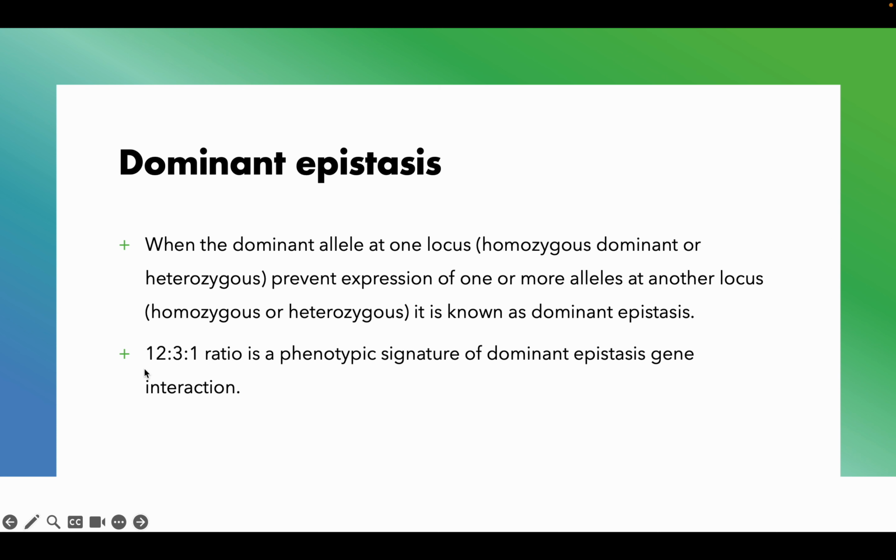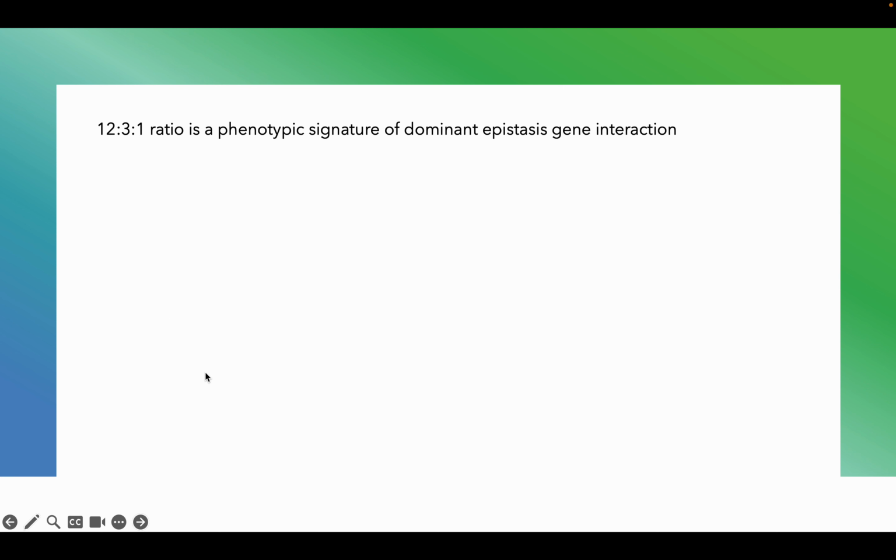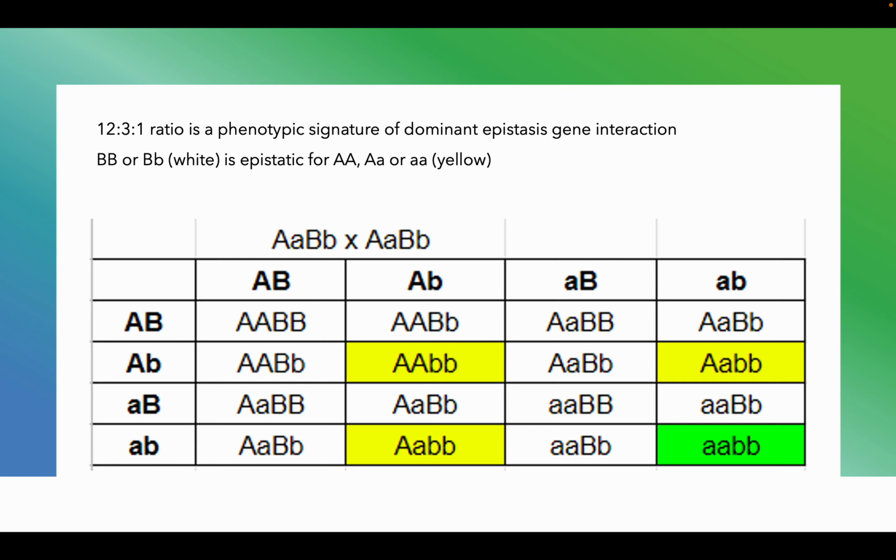And the ratio we get is 12:3:1. Suppose we are talking about coat color, with the gene BB.